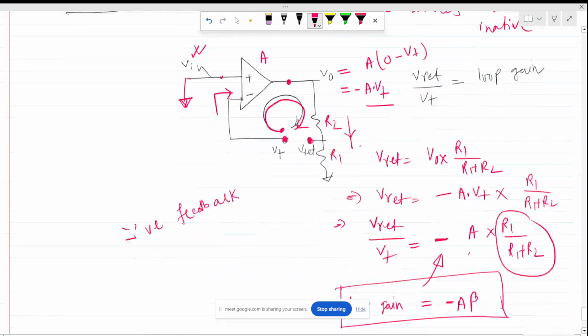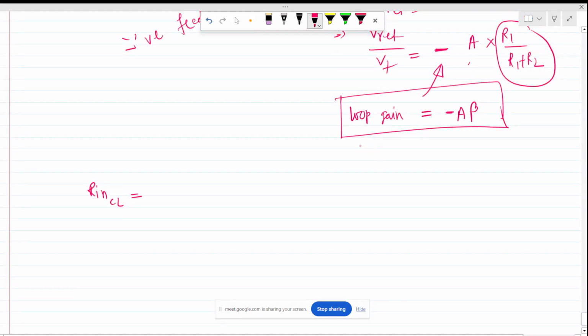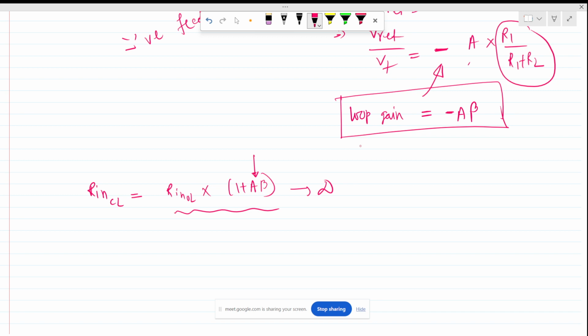Now if we write KCL and KVL and try to solve this circuit, the R in closed loop will be nothing but R in open loop times 1 plus A beta. If A is finite, the total input impedance is going towards infinity, right? This is the ideal case, like a voltage controlled voltage source must have a higher input impedance.